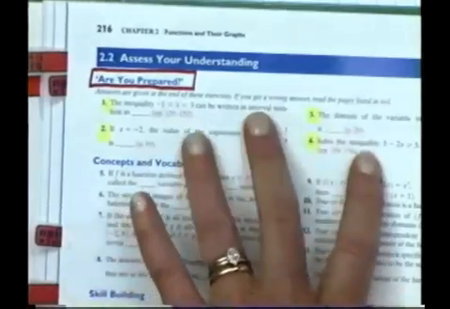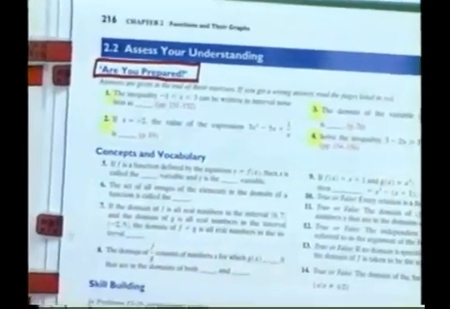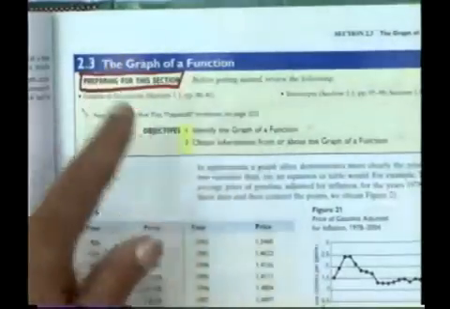And I'm going to try to remember to always start out with these as our warm-ups so that we'll know that you're ready for the section. Alrighty. And that is sort of the way it's set up. It's very organized. Here's section 2.3, preparing for the section, the objectives, etc., etc. So I think you've got a very user-friendly book, and I hope that you will totally wear out your textbook in this class.